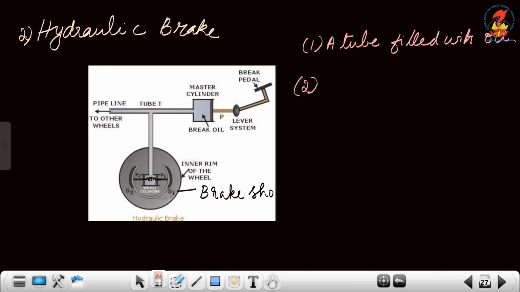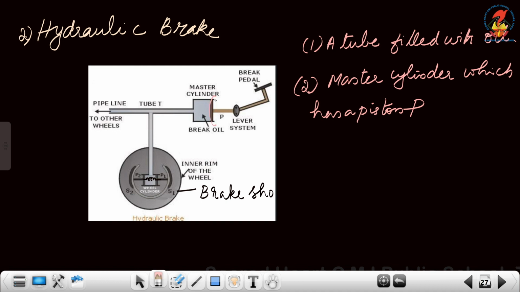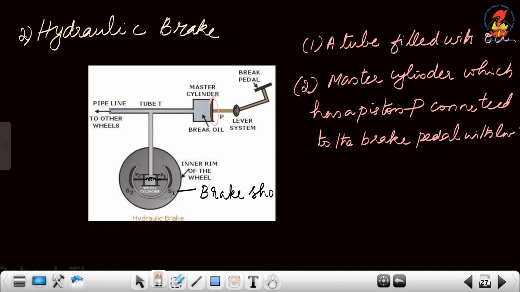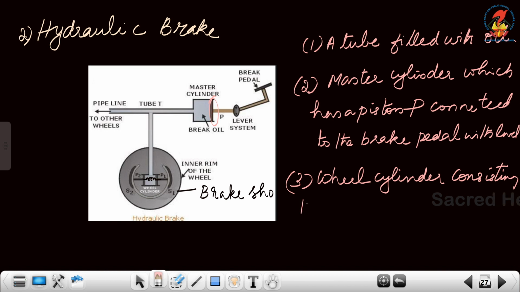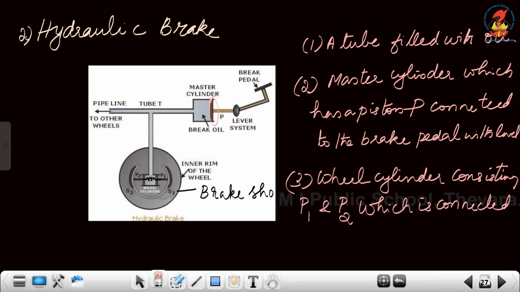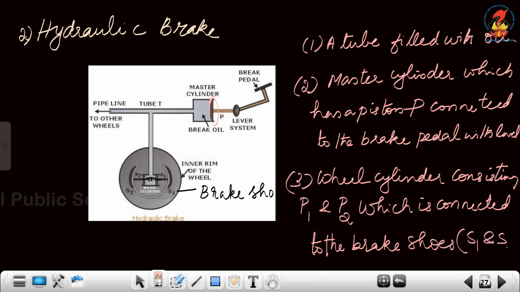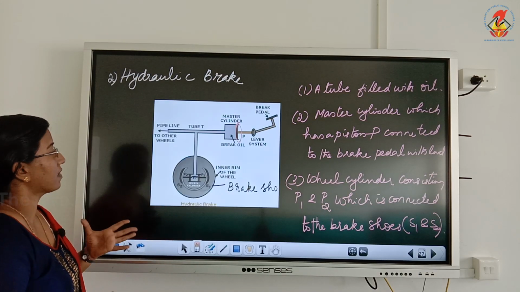Second, one end of the tube is connected to a master cylinder which has a piston P, connected to the brake pedal with the help of a lever, and the other end consists of a wheel cylinder which consists of pistons P1 and P2, which are connected to the brake shoes S1 and S2.